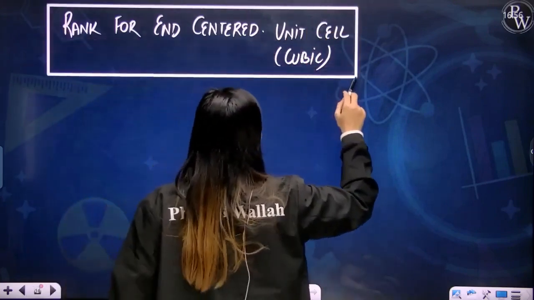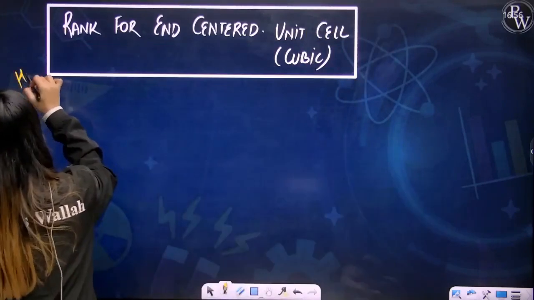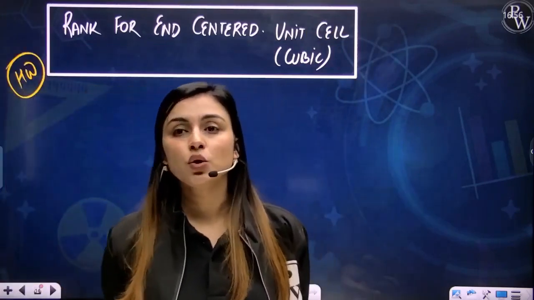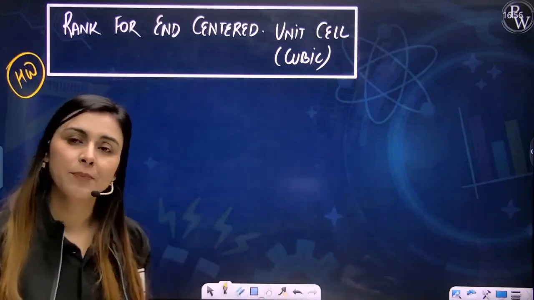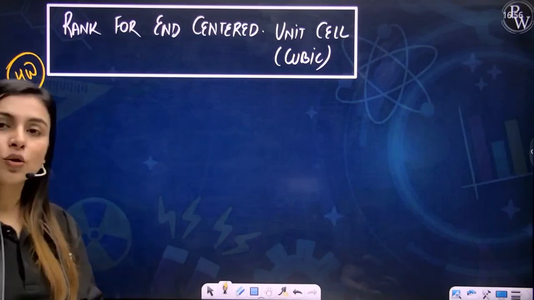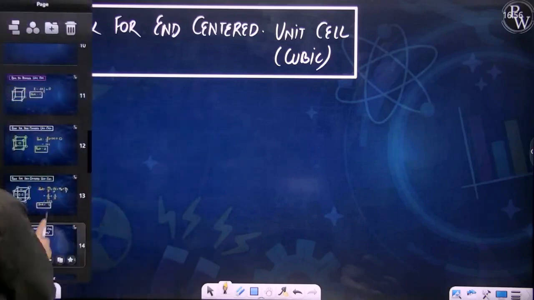So this is your homework. You have to try and calculate the rank for an end-centered cubic unit cell. Try this, I know you'll do it. I have told you what the arrangement is. Just make the arrangement and calculate the rank using the formula. I hope it's clear. Let's move forward, my dear students.